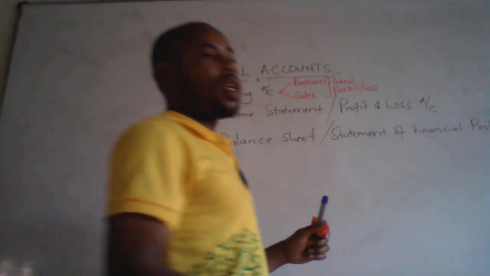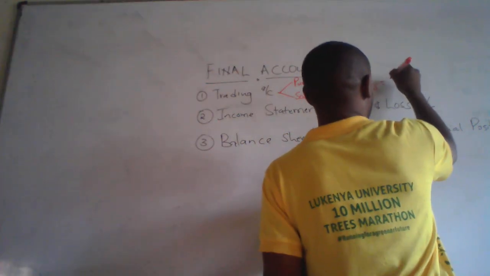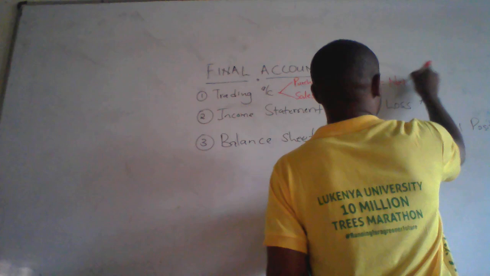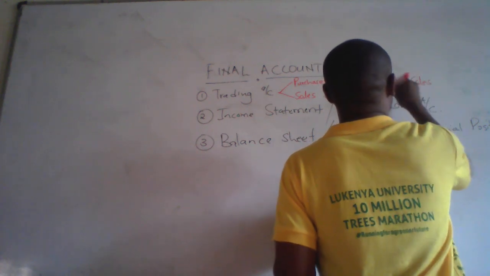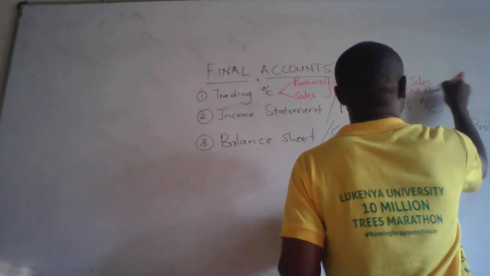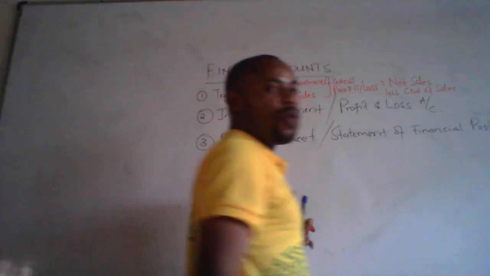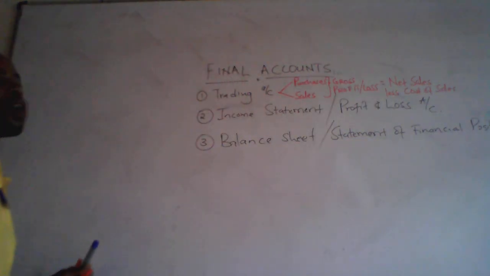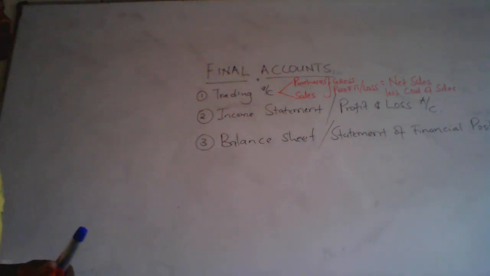How do we determine the gross profit or loss? This is simply given by the net sales less the cost of sales. That's how we determine the gross profit or the gross loss for a business.